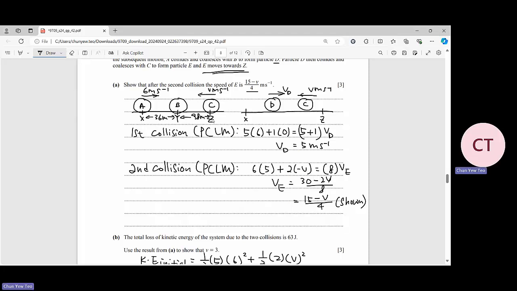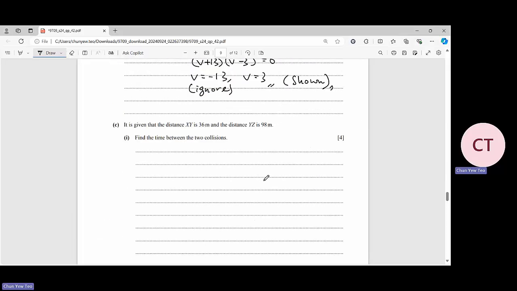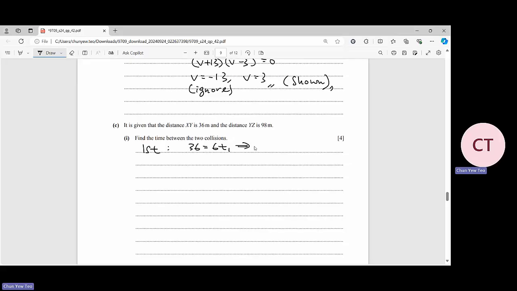For the first collision, A is moving at 6, but we do not know the time, and it needs to reach 36 meters in order to collide with B. So for the first collision, we have 36 meters equal to 6 times t1. Therefore, t1 is equal to 6 seconds.